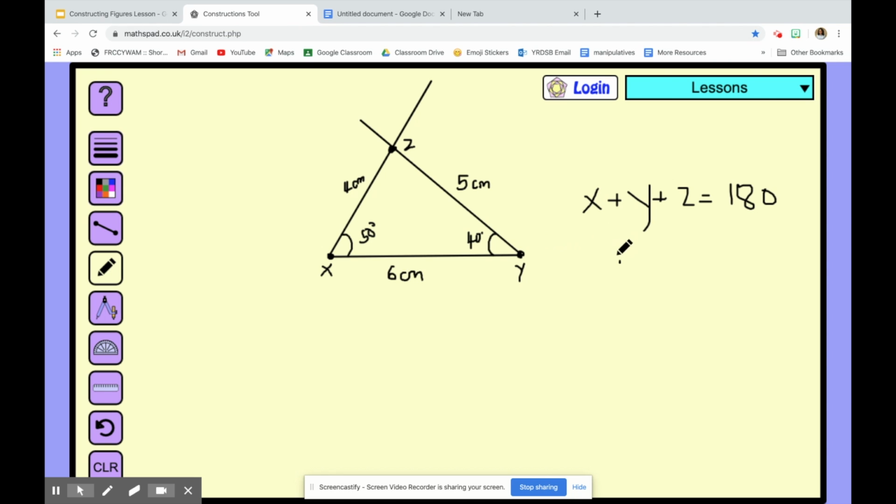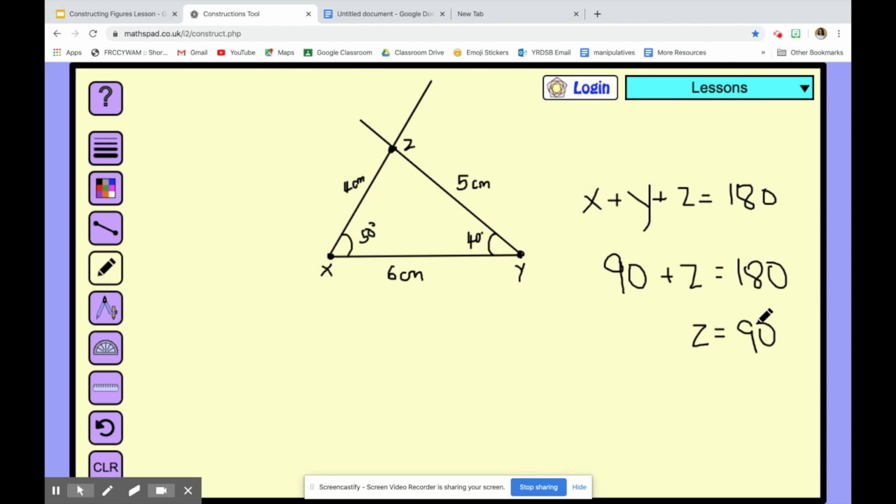I'm hearing some of you say 90. So I know 90 plus Z equals 180. Who can figure out what angle Z is then? What number do you add to 90 to get 180? I'm hearing some of you say 90 degrees.